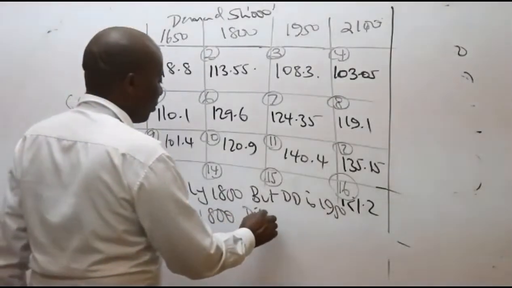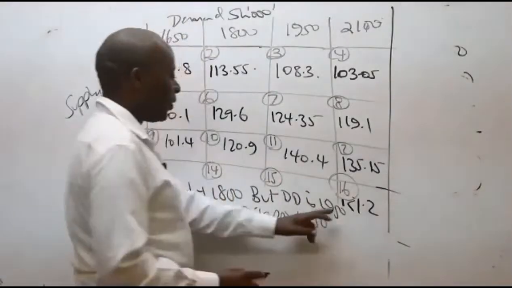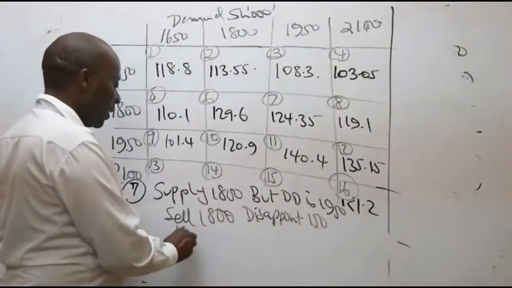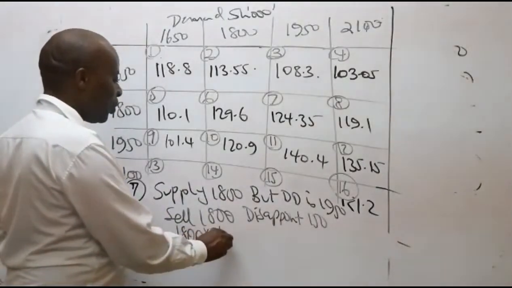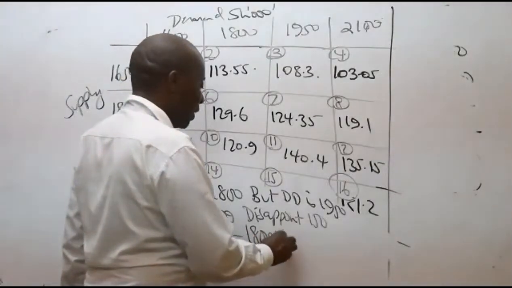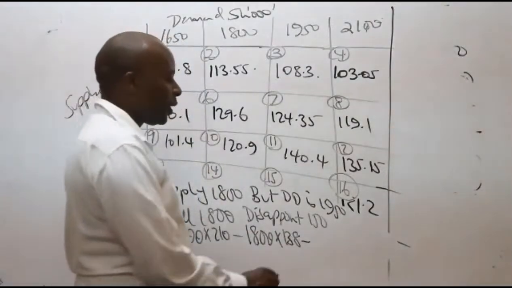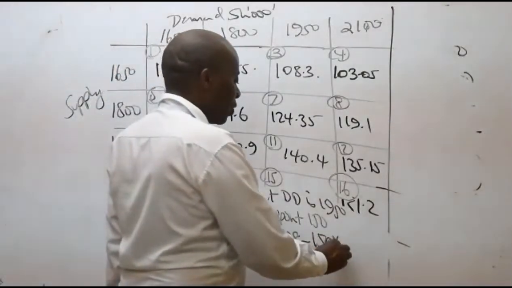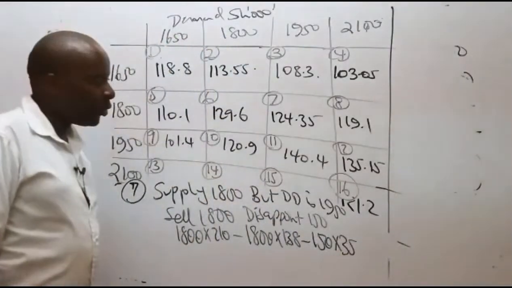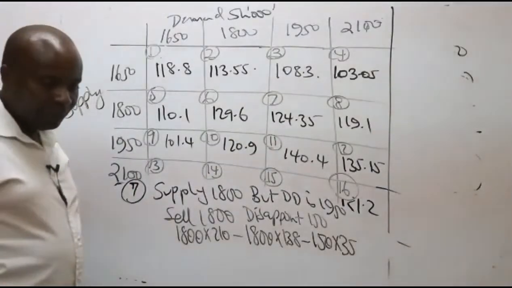Here it's about disappointments: disappoint 150, the difference between the two. So my selling will be 1800 times 210 minus 1800 times 138 minus the cost of disappointing these 150 customers. So 150 times 35.